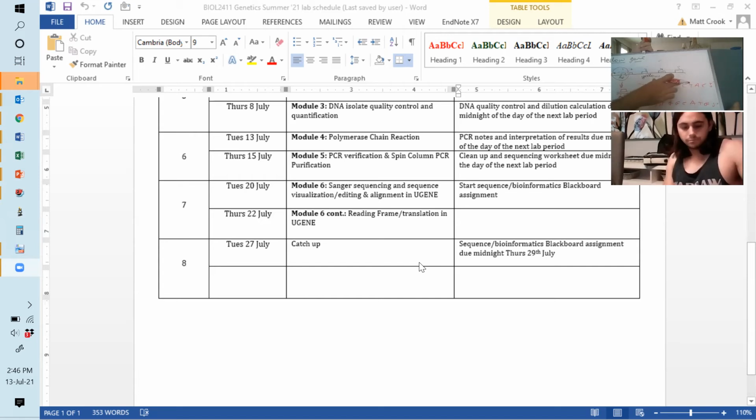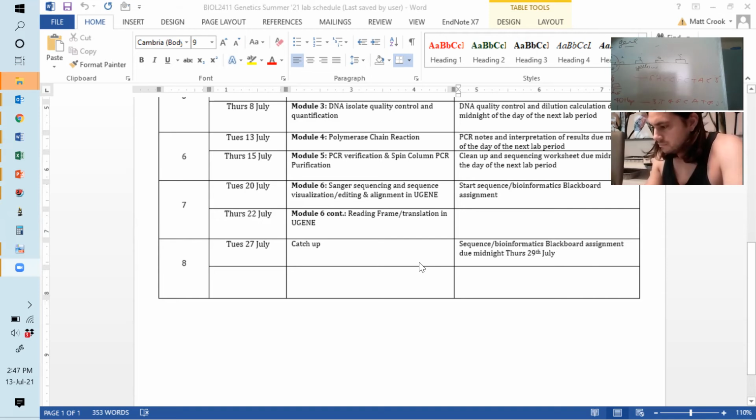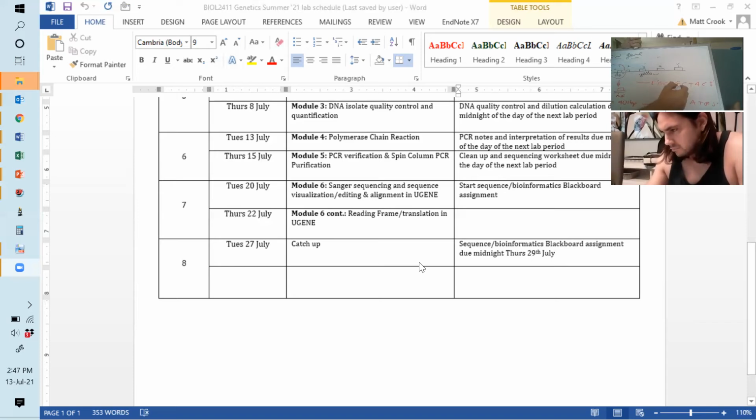So say our bit of DNA of interest lies over there. First we'll have to design a primer that would match this piece of DNA. We would design our primer to have a matching sequence. Actually, up to the bottom one, sorry.